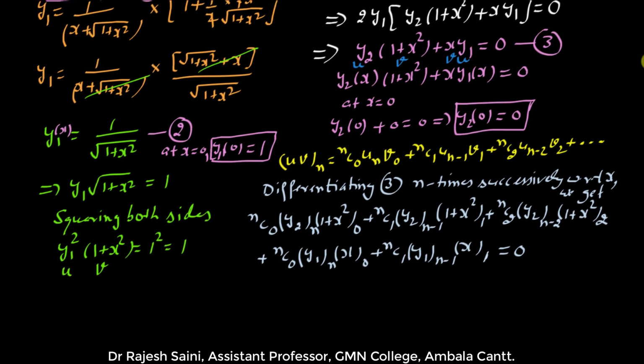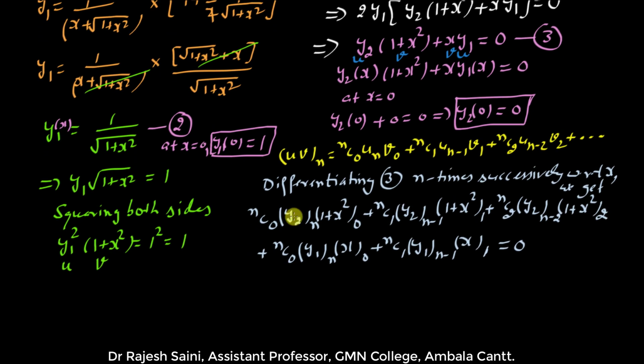So now we will be writing it. nC0 is 1, nC1 is n, nC2 is n(n minus 1) by 2, so I am going to put the values. This will be 1, this will be y(n+2) into 1 plus x square, fine, plus this will be n, this is y(n+1). We have already done it.